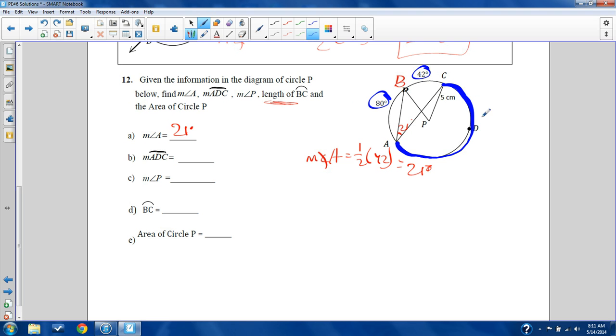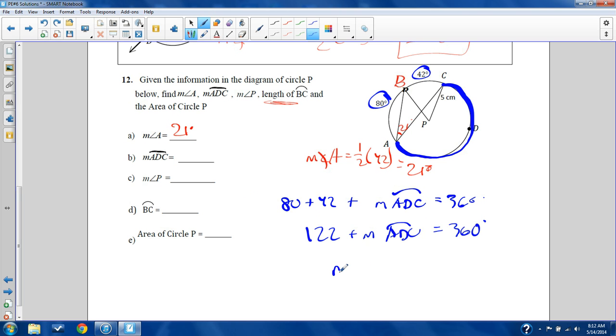This is 42 degrees. The rest, the unknown, adds up to 360. This plus this equals 360. So 80 plus 42 plus measure of arc ADC equals 360. 80 plus 42 is 122. So 122 plus measure of arc ADC equals 360.